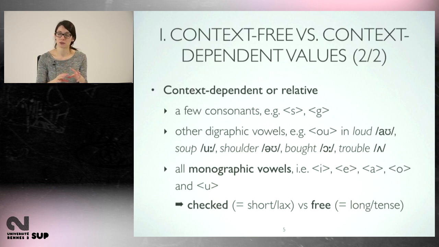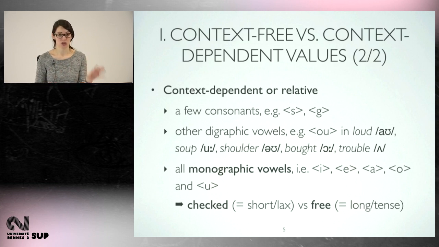A digraph is normally always free, but then sometimes there are sub-rules that explain variation in context. Monographic vowels, on the other hand, always have at least two values.